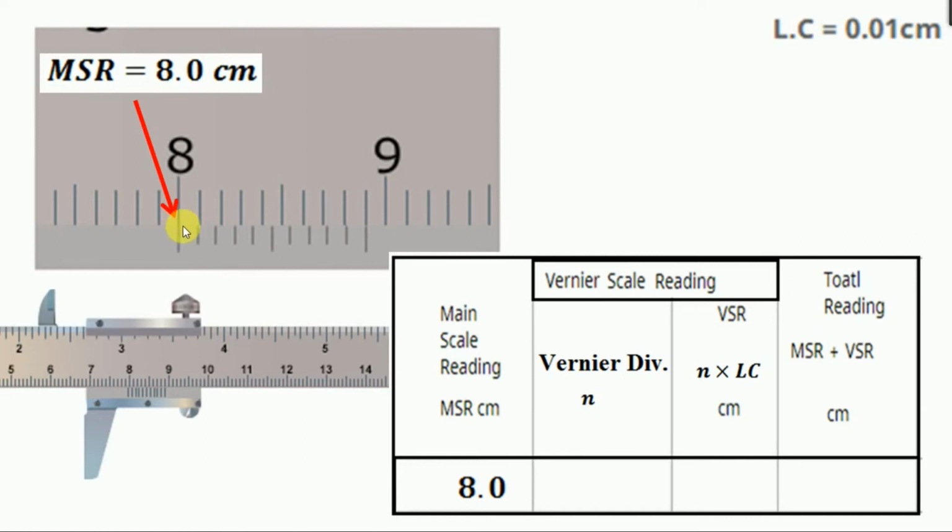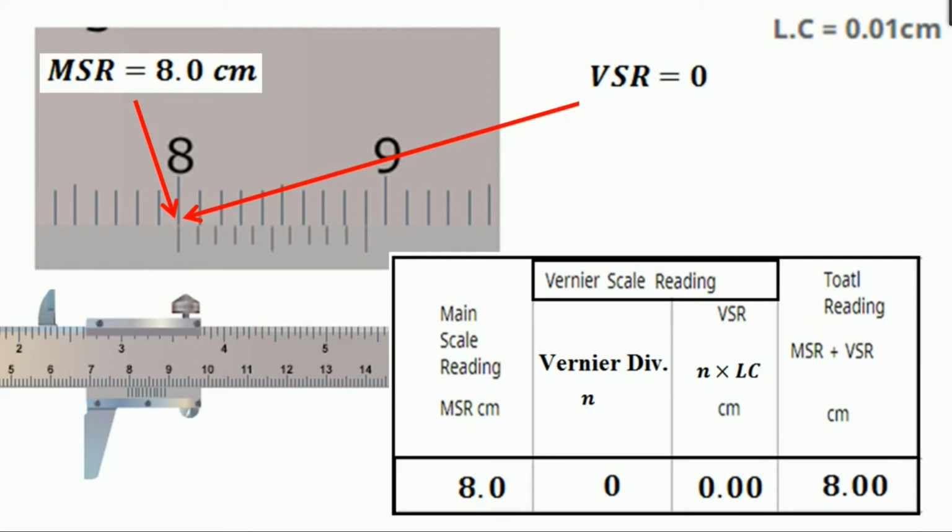But our reading is exactly 8, so the measurement should also come exactly 8. If you take 9, then it will come 8.09, so we should not take 9, we should take 0, because the reading is exactly 8. So vernier is 0, and the reading is 8.